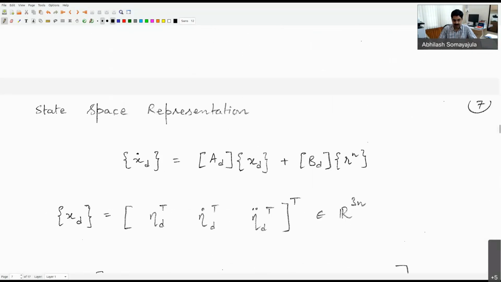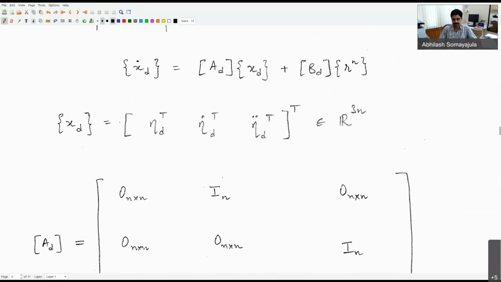Okay. And if I put it back in the state space representation form, again you will see that the effect is the same. So now I have three things in my xd vector, which will be eta desired, eta desired dot, eta desired double dot.